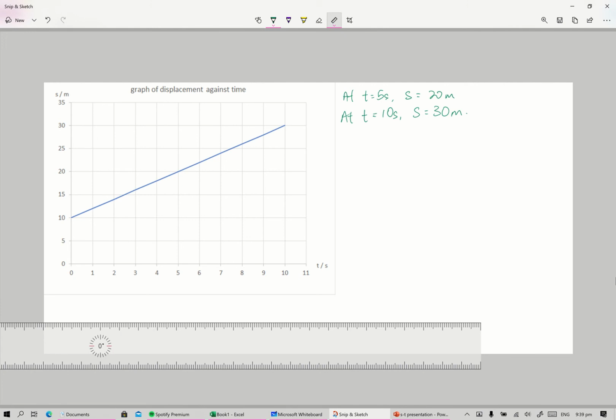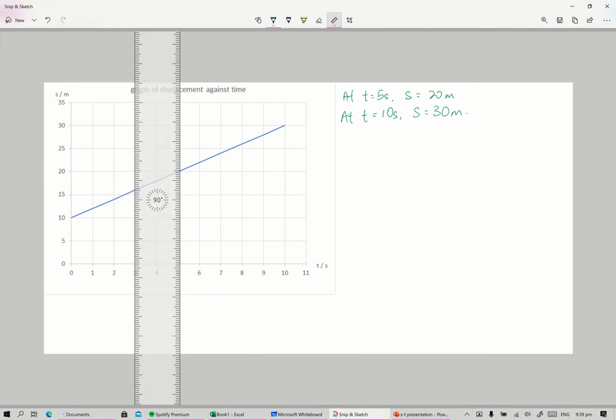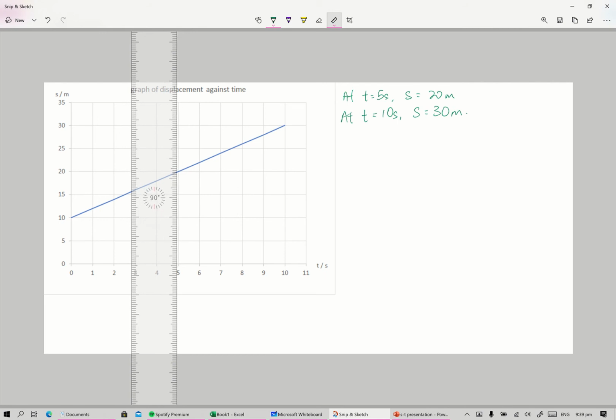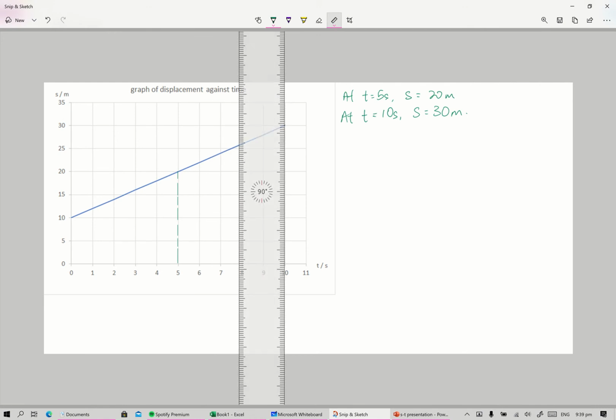So I already picked two coordinates. One is at time equals 5 seconds, and the other at time equals 10 seconds.